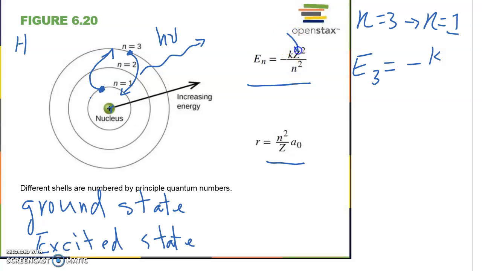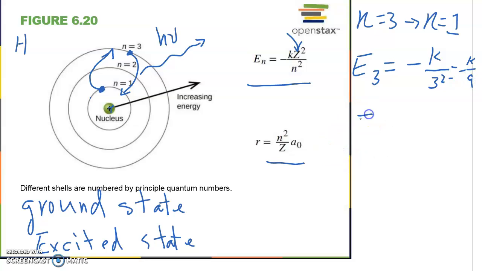Z in this case is the charge of the nucleus. If it's a hydrogen atom, then the charge is 1. If it's helium, then the charge will be 2. We are talking about a hydrogen atom now, so Z is equal to 1, and then I have to divide it by n squared. That means 3 squared. So that is equal to negative k divided by 9.